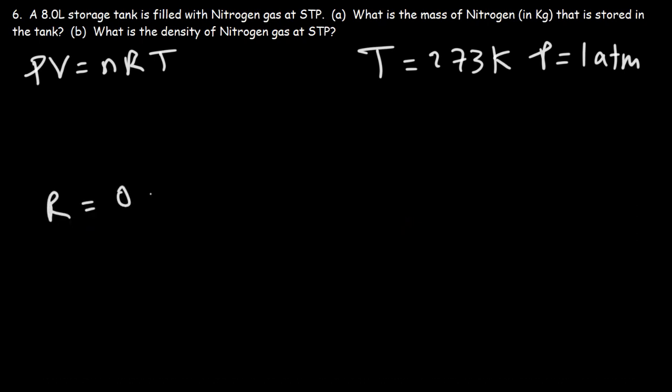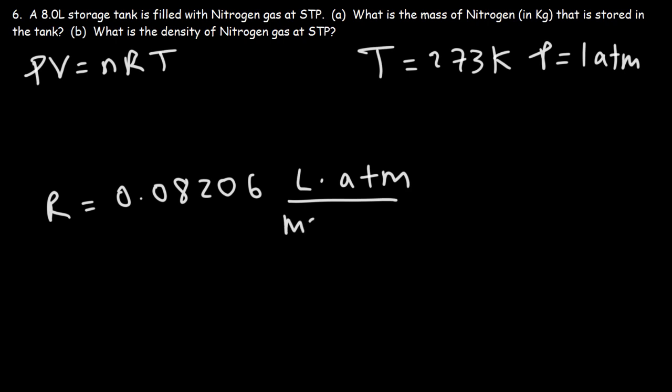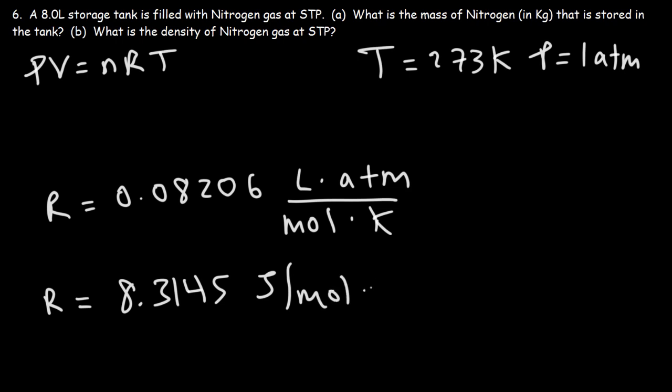Now, if you use this R value, 0.08206, the volume has to be in liters, the pressure has to be in atm, n is going to be in moles, the temperature will be in Kelvin. The other R value that you could use is this one, 8.3145 joules per mole per Kelvin.